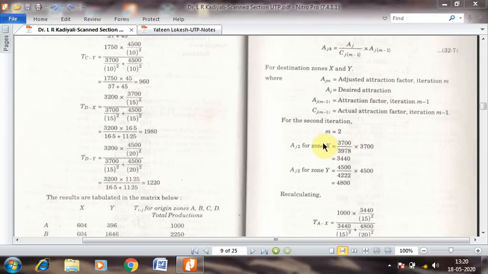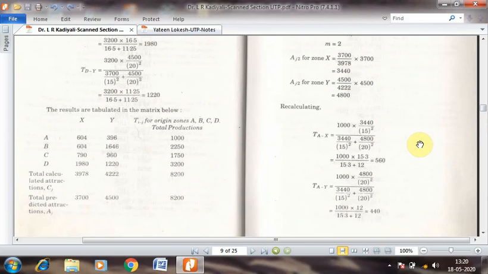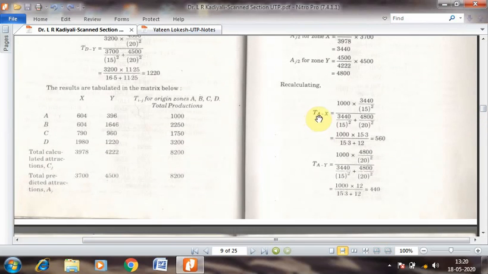Now once you have got these adjusted factors, you need to resolve the problem by calculating all those ta2x, ta2y, tb2x, tb2y, tc2x, tc2y, and then td2x, and td2y, all once again.